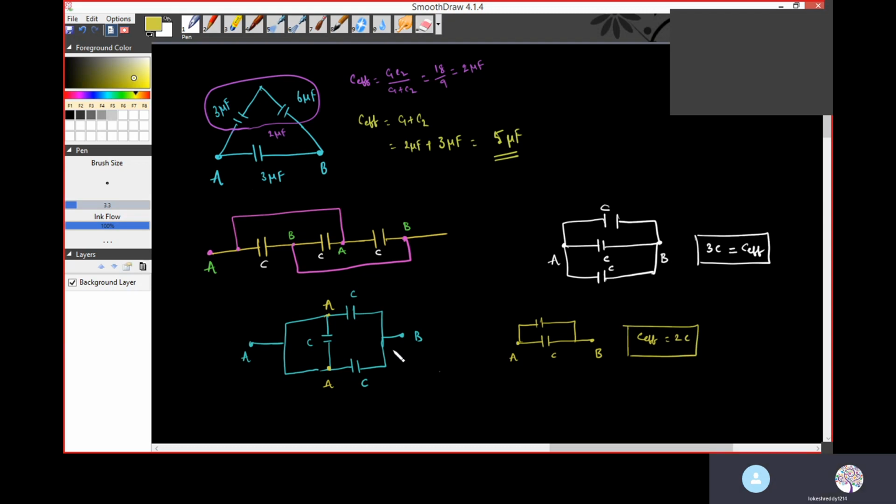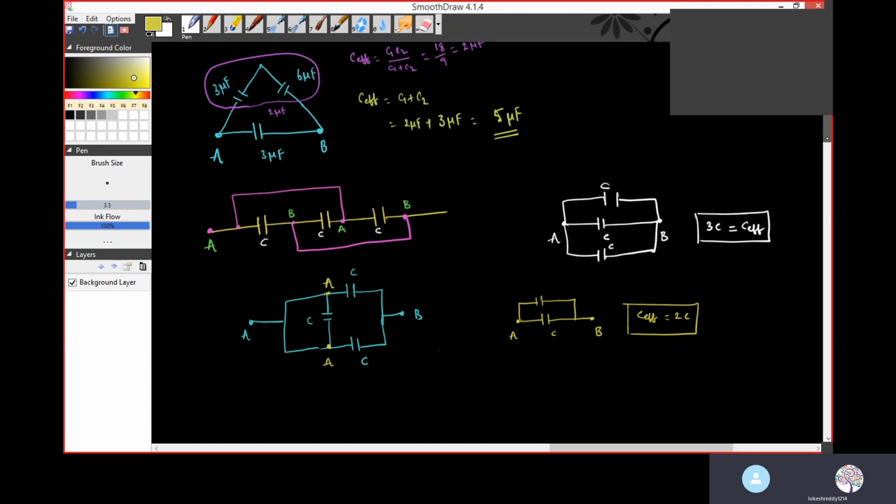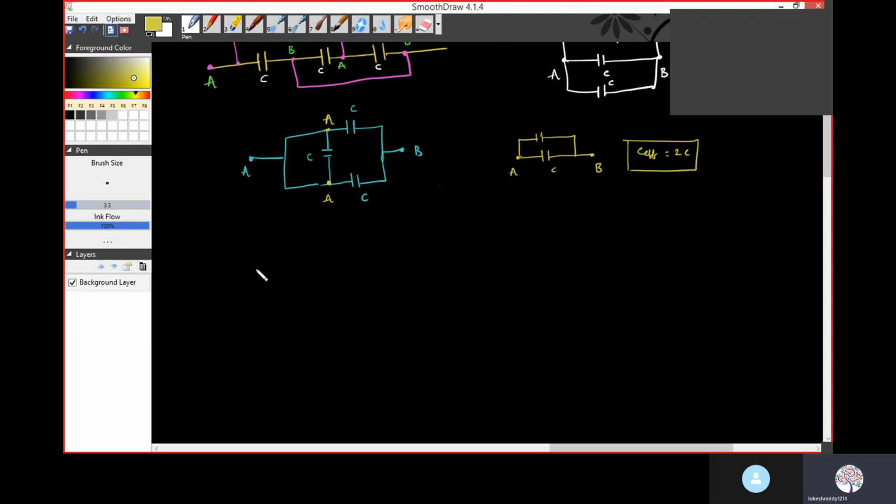I think a similar model is there. I think this is the problem he gave in previous NEET.